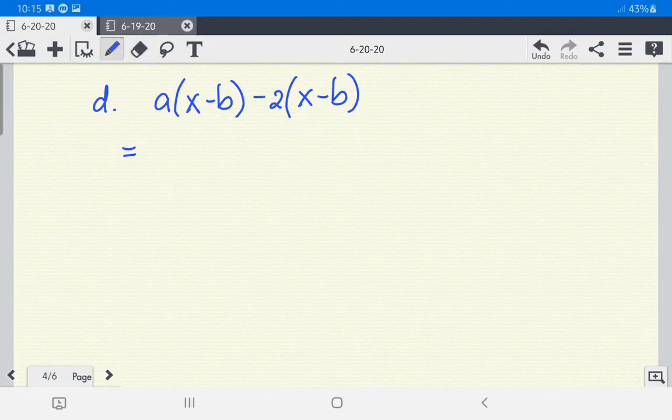So we have x minus b. And then how about the other factor? You will just copy 8 and then negative 2. So we have 8 minus 2. So the factors are 8 minus 2 and then x minus b. So that's it. This is the answer.